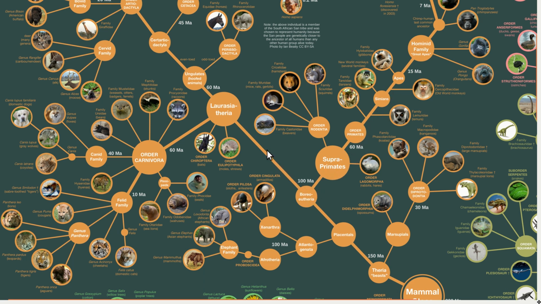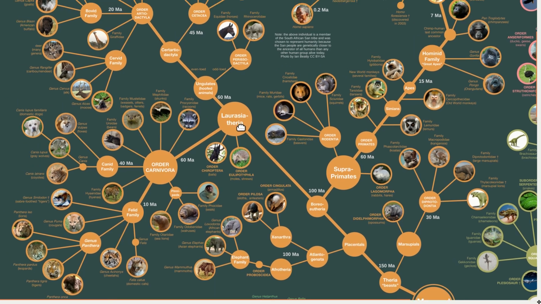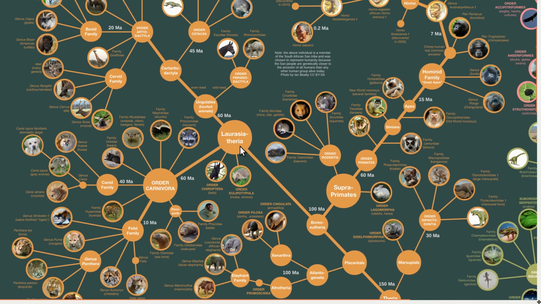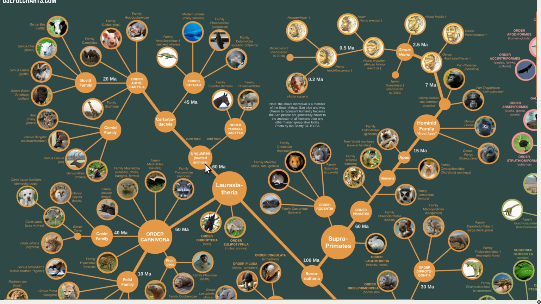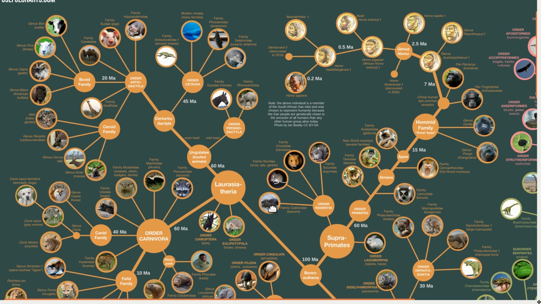But there's also another line here, which we won't go into great detail, but that leads to Laurasia, from which we get carnivores like cats and dogs and lions, but also the ungulates, which include horses and the various farm animals like pigs and cows. And interestingly, the cetaceans, which are whales and dolphins, are closely related to these mammals.